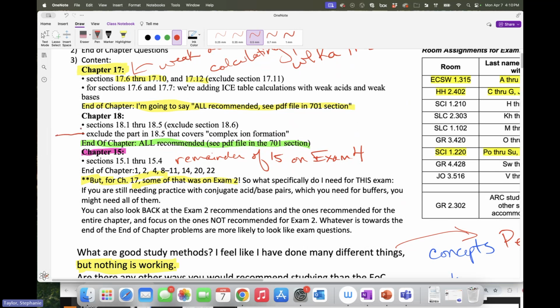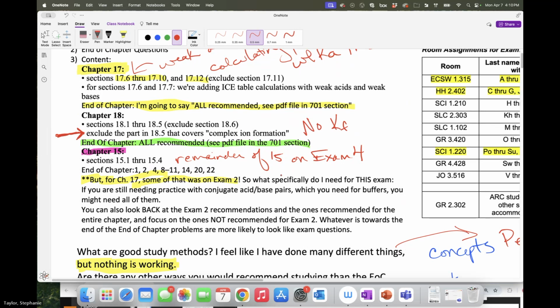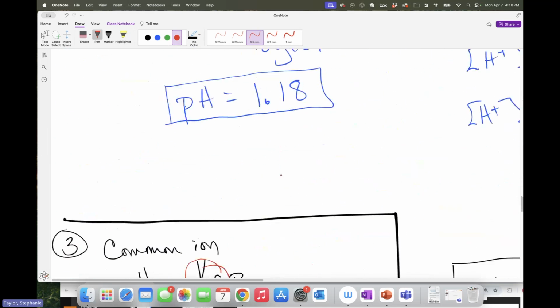I know I didn't talk about it a whole lot in the very beginning, but out of chapter 18, we are excluding the part in 18.5 that covers complex ion formation. And that is where KF is. So no KF. None. Zero.